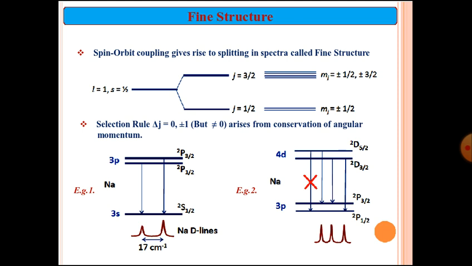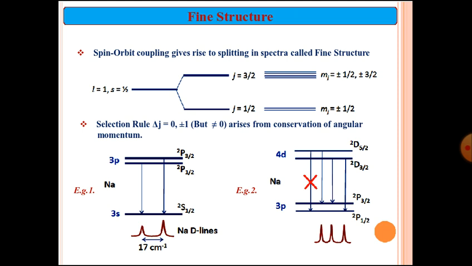They contribute nothing to the angular momentum of the atom. We have to consider only the state of the 11th optical electron in discussing the spectrum of neutral sodium. The spin orbit coupling gives rise to splitting in the spectra called fine structure.